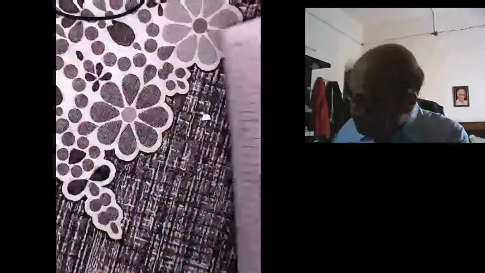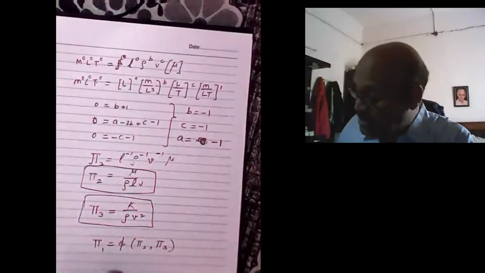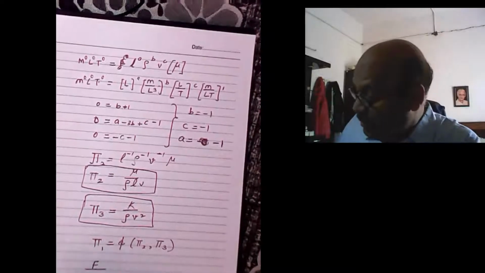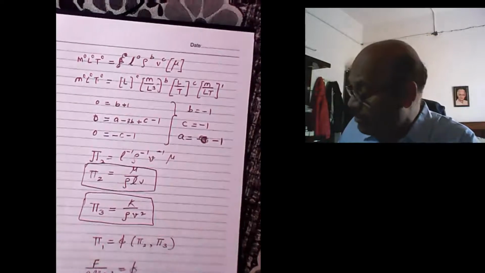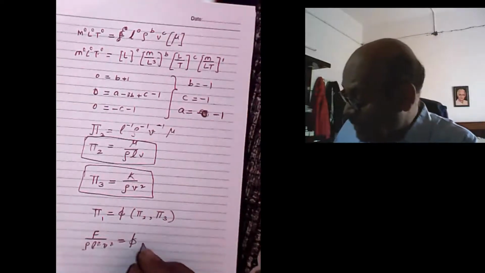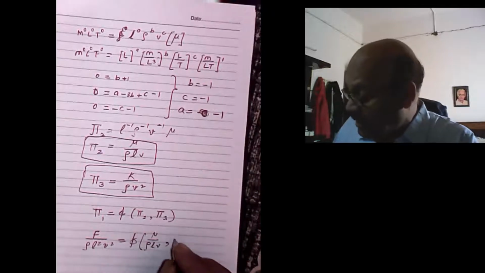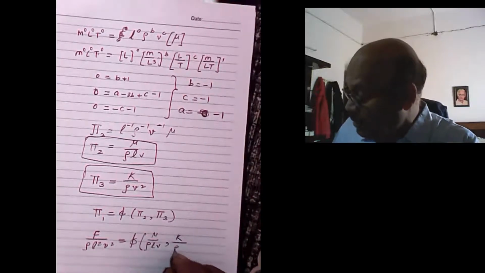Or you can write, what is pi 1? Pi 1 is f upon rho L square V square, equal to a function of pi 2, that is mu upon rho LV, and this is k upon rho V square.